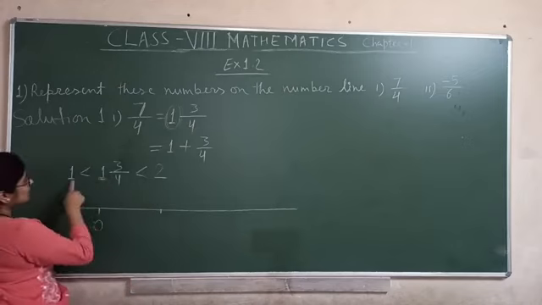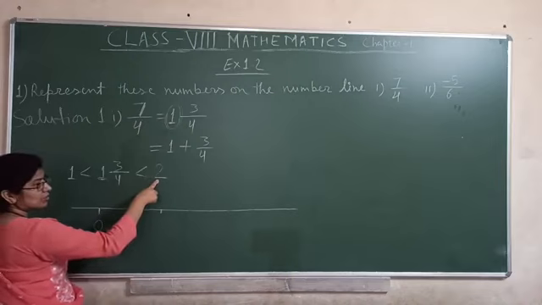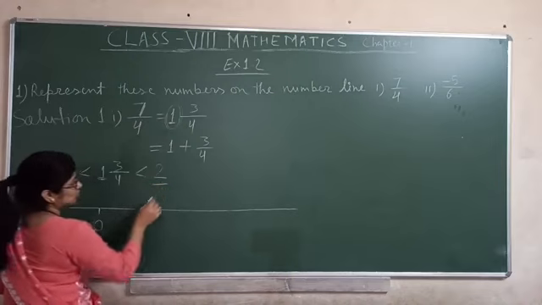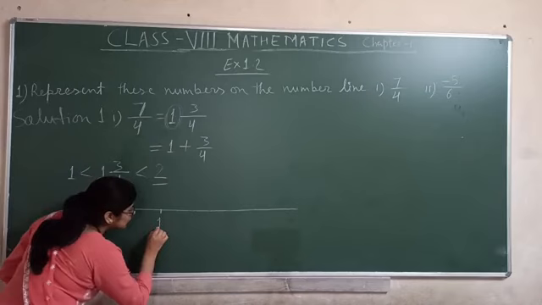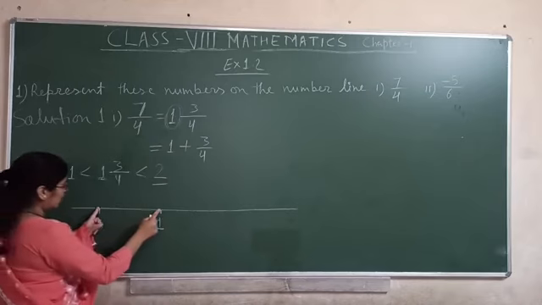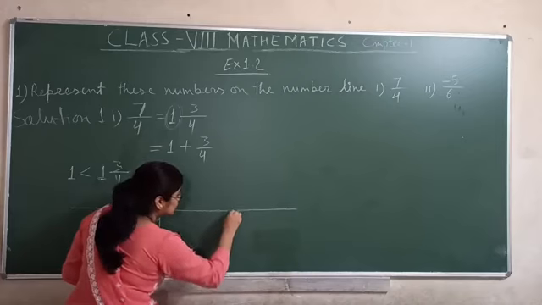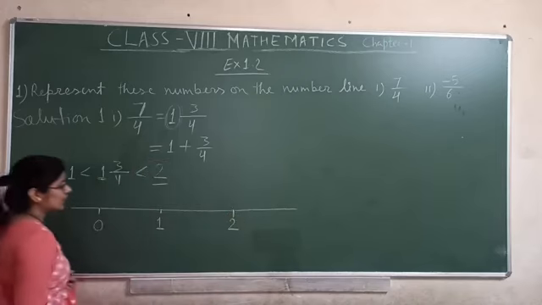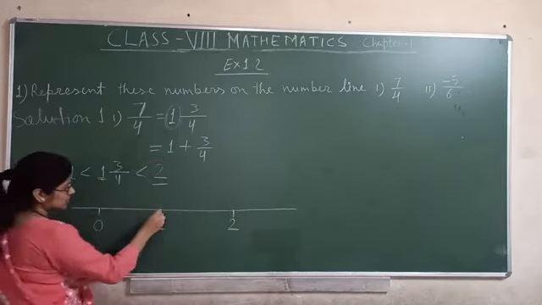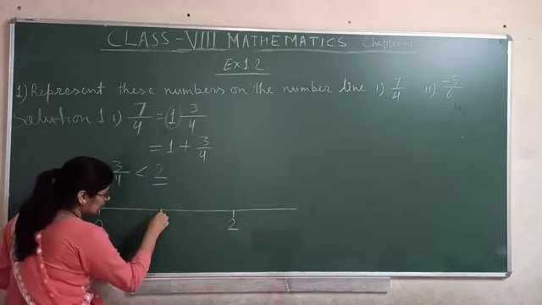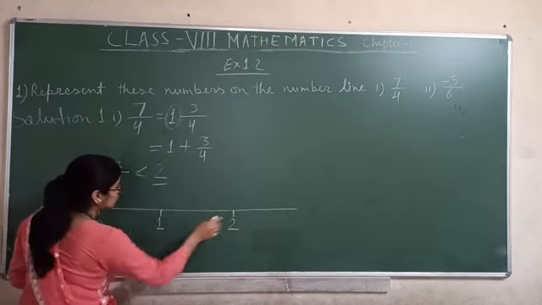This number line in between 1 and 2, it means we have to draw up to 2. Here we will write 1 and equal gap you have to take, and here we will write 2. This is 0 and this is 1, this is 2.